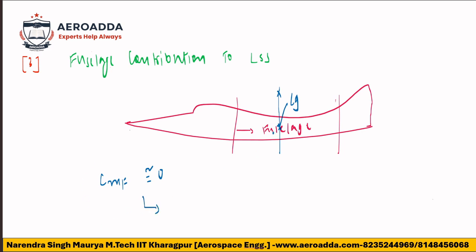I hope you understood why, because you see this section where I have marked 1 and 2, this region itself is the fuselage, and CG is also existing here. So if you take the moment about the CG of the fuselage, whatever forces are generated by the fuselage, even though it is not producing any lift, it is very small.